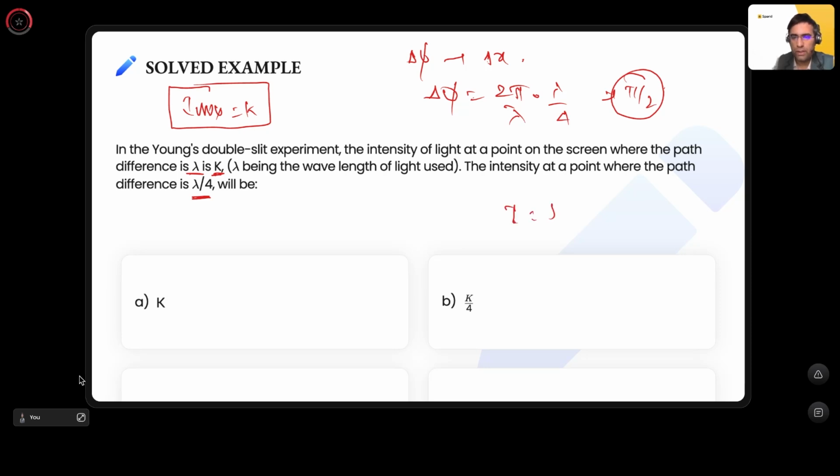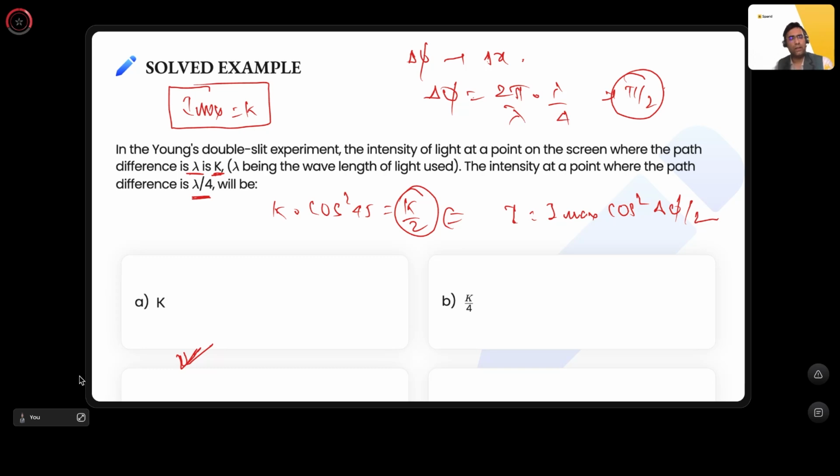Now intensity is I max into cos square delta phi upon 2. It will become k into cos square 45, or k by 2. So this will be my answer. So again, it's a direct question on finding the intensity, और उसमें हमें क्या करना है, we have to find the phase difference and apply this formula.